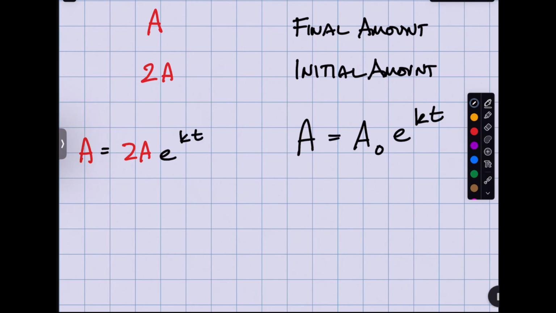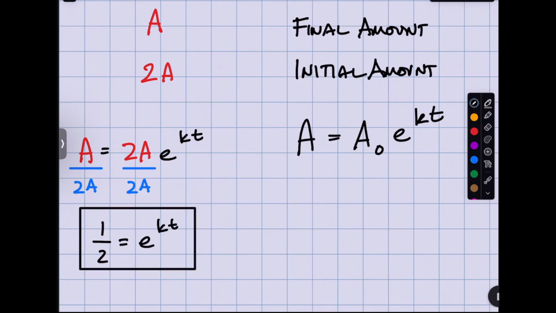Plug in the final amount, plug in the initial amount. Would you agree with me that if I was to divide this side by 2A, I would have to divide this side by 2A? So that means I have an equation that says 1/2 is equal to e to the kt. Agreed? Cool? Questions?